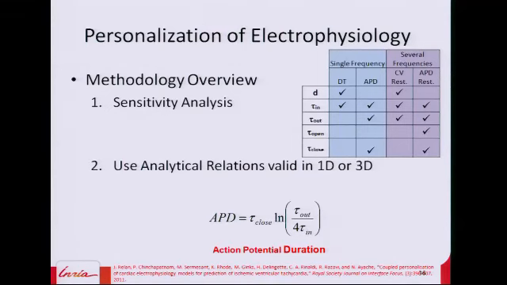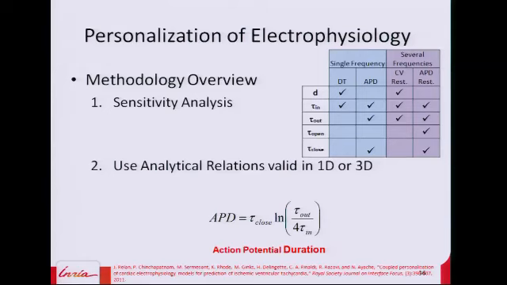First we did a sensitivity analysis. We looked at which parameters the depolarization times depend on. We know that this is dependent on both the diffusivity parameter as well as the tau-in parameter. Action potential duration is also affected. If we also include several frequencies, this is a bit more complex. But this is very useful to know which parameter will fit to which experiments.